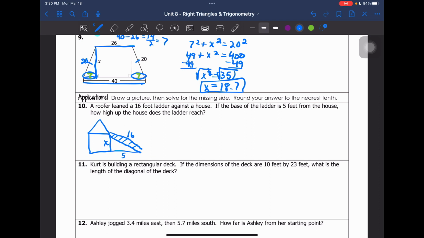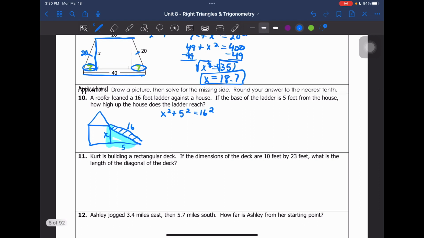So hopefully you can see how we're going to set this up. We're just going to say x squared plus 5 squared equals 16 squared. Because really what we're dealing with here is a right triangle. So we can just apply the Pythagorean theorem to this problem. So let's go ahead and solve this. This is going to be 25. 16 squared is 256.